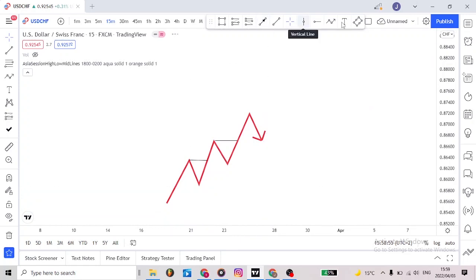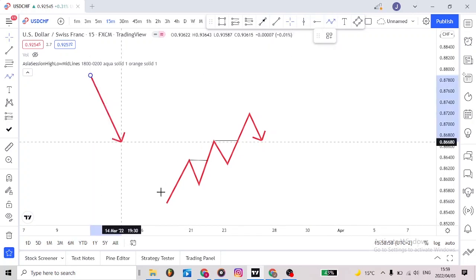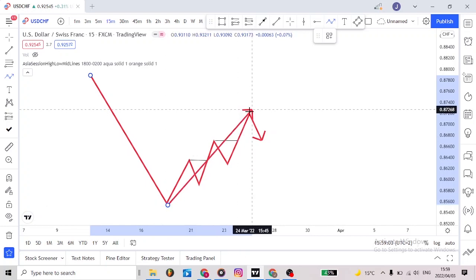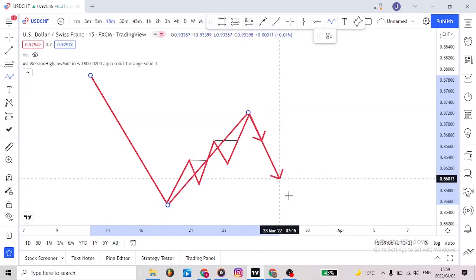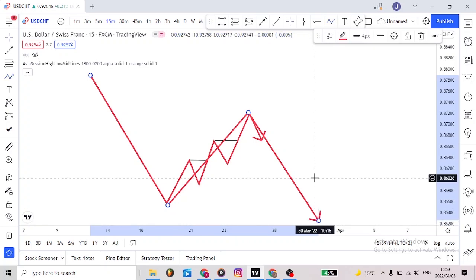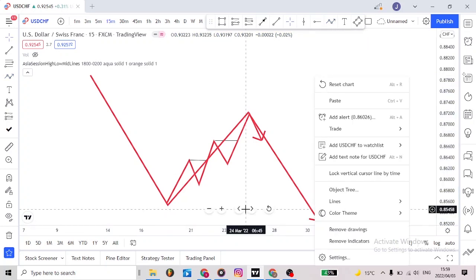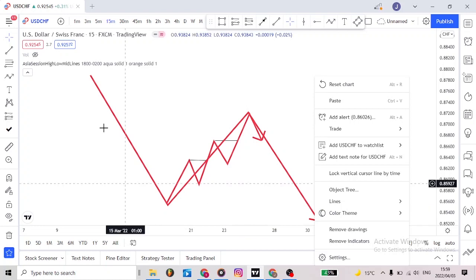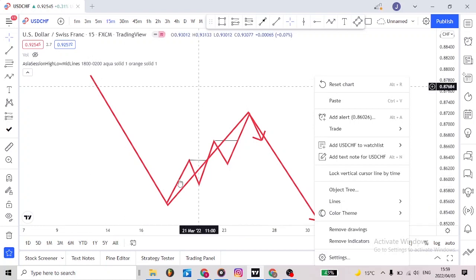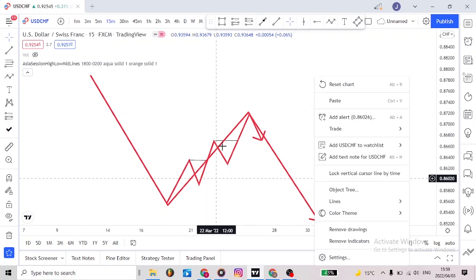For example, we could be having something like this on an H4: a downtrend, the corrective phase, and then a continuation of the downtrend, taking out this low. If you look at this, it is a major downtrend and then a minor uptrend within the structure.